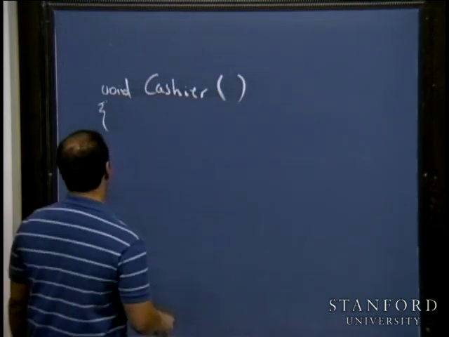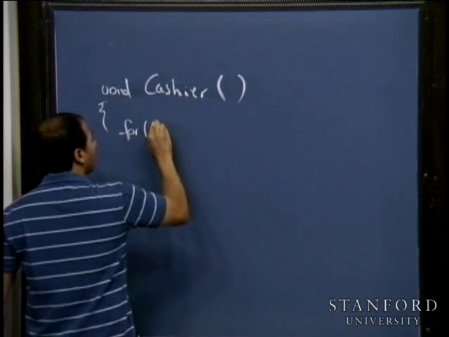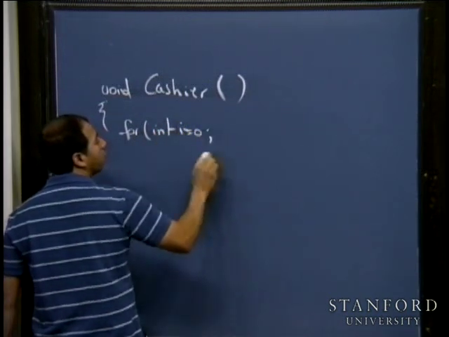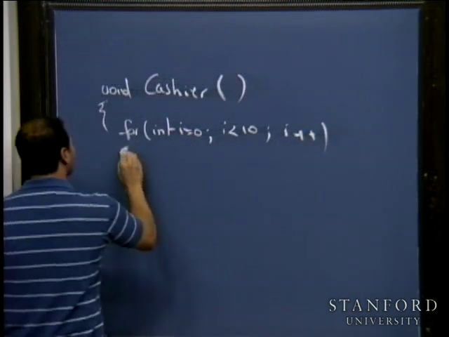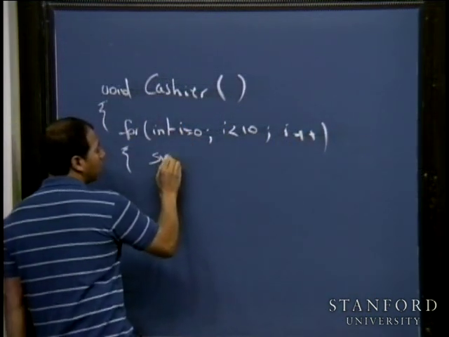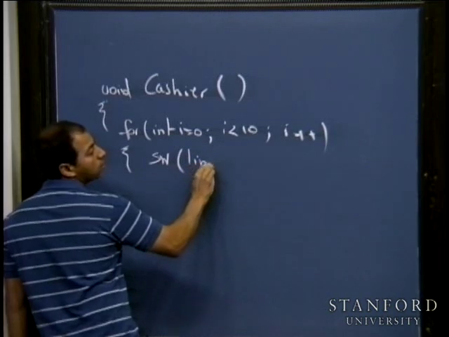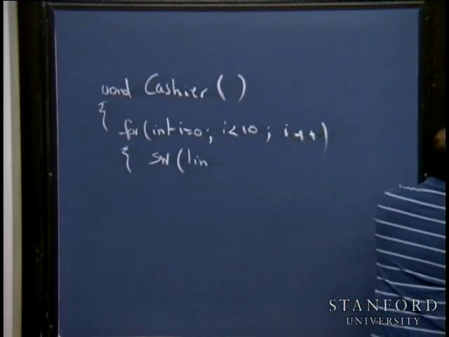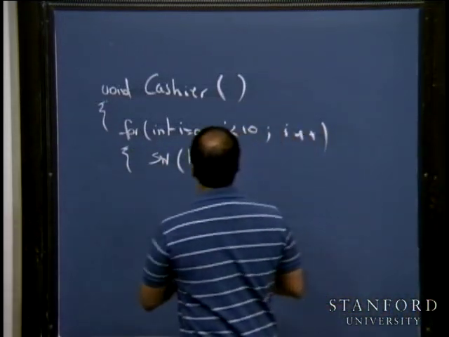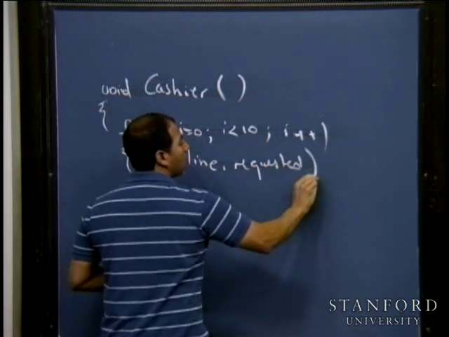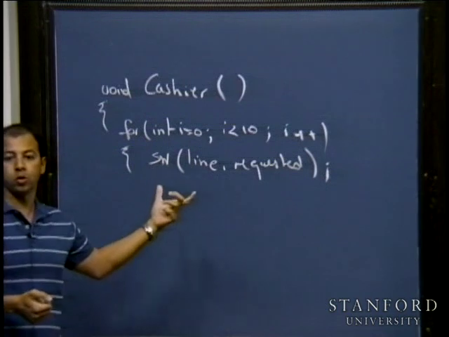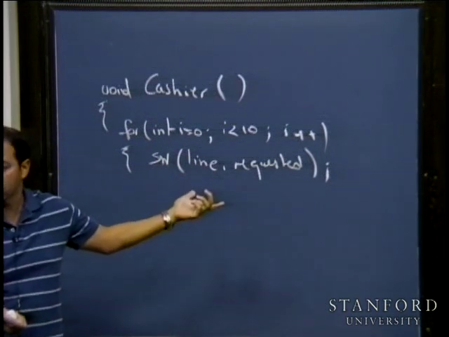Okay? So you have a for loop for int i equal to 0, i less than 10, i plus plus. What you want to do is semaphore wait on line. So this is line. So you wait on line.requested. Once you are requested, then you know that you are servicing the first customer in line.